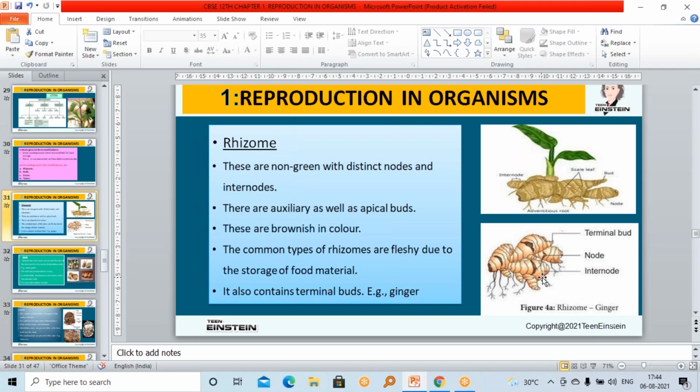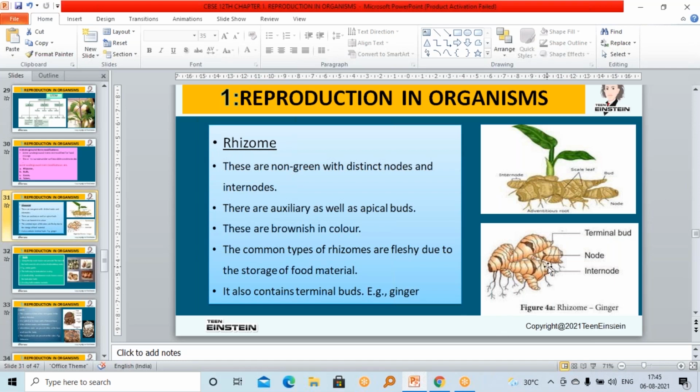From the picture itself, it's clear that ginger is not green in color, right? And it has nodes. See, here the marks are there: nodes, internodes, all parts are there. So it's not green in color.